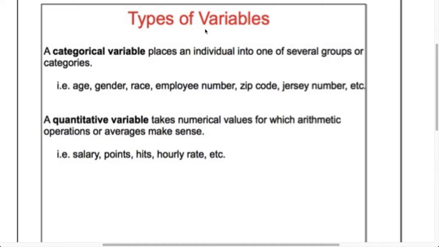Oftentimes you hear on the news that the average salary for males versus females is this versus that. So salary is a quantitative variable because it makes sense to find the average salary or the median salary of a company.